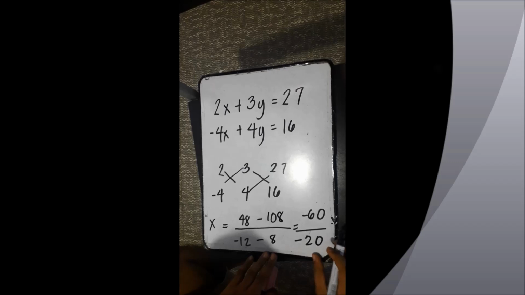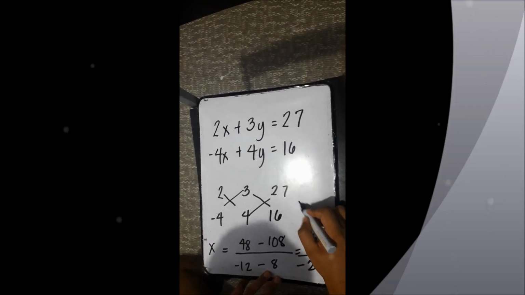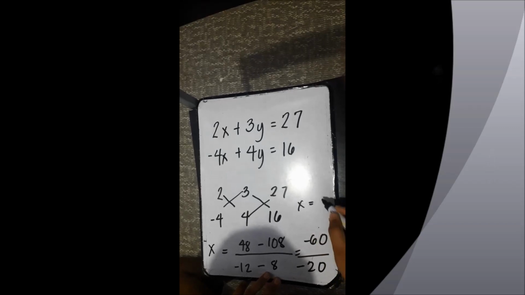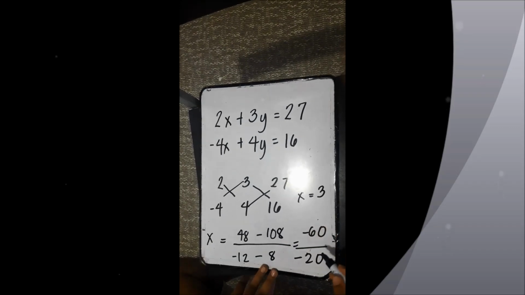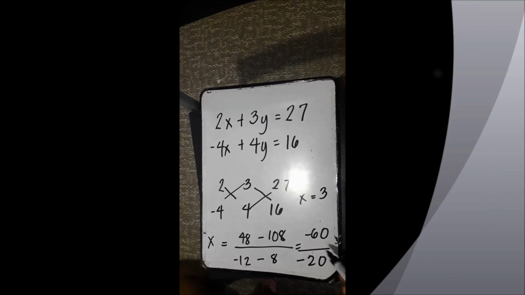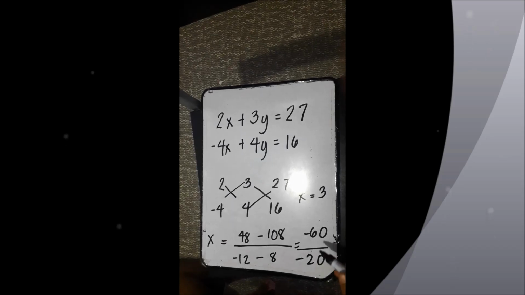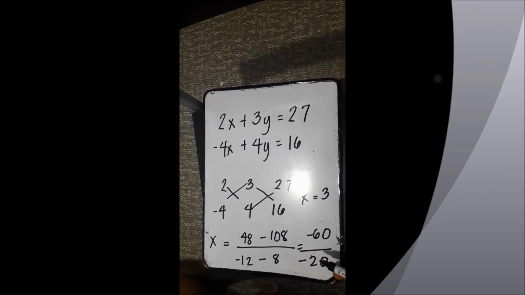And simplifying further, x is equal to positive 3, because negative 60 divided by negative 20 is equal to positive 3. Therefore, the value of x for this equation is x equals positive 3.